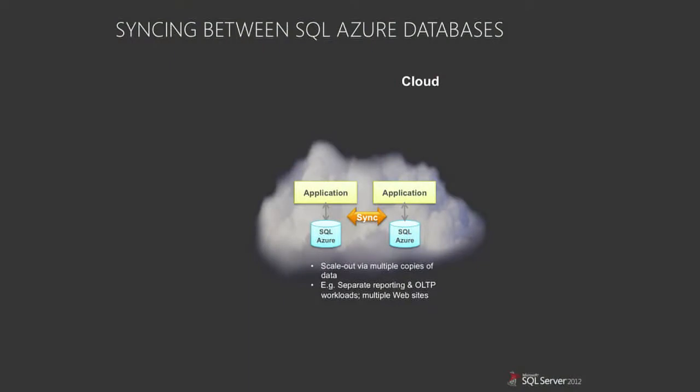So the other main capability of SQL Azure Data Sync is to synchronize data between two or more SQL Azure databases. So the first scenario where this could be really useful is scale out. The ability to have multiple copies of the same data or a subset of a data set, and therefore have multiple workloads using the multiple copies, therefore allowing an application or a set of applications to scale out.